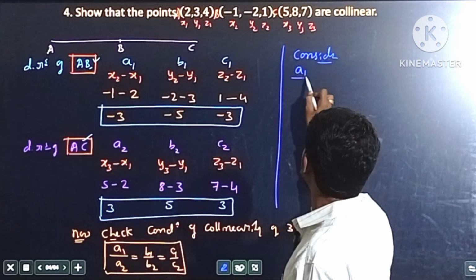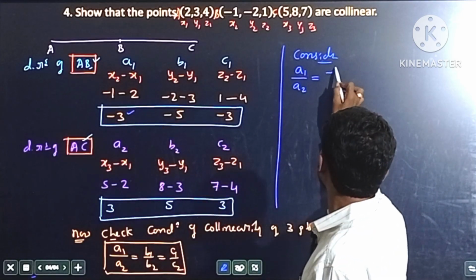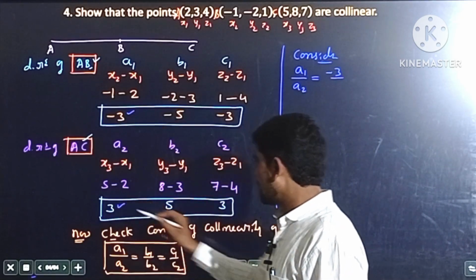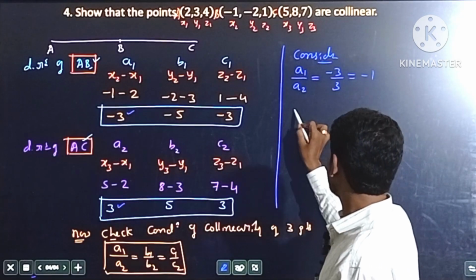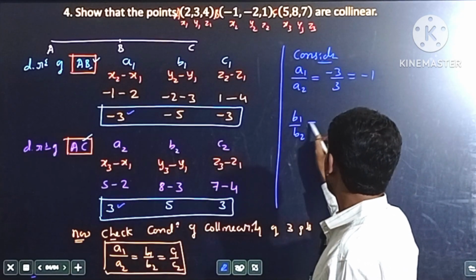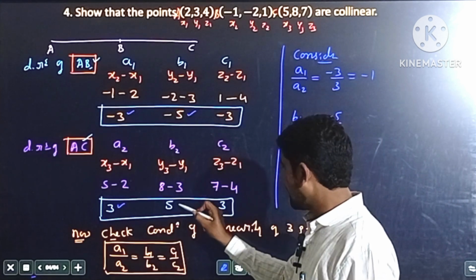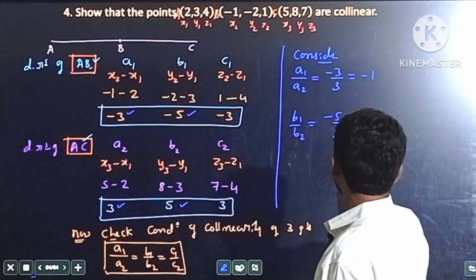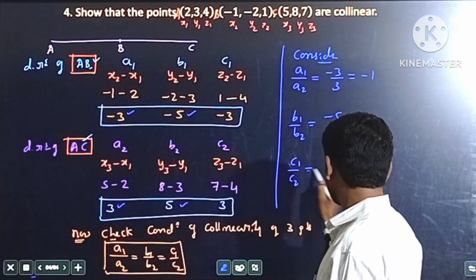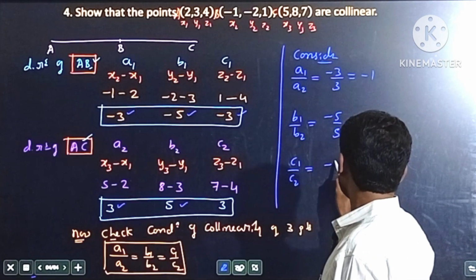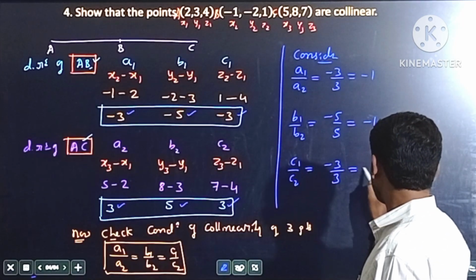Consider a1 by a2. The value of a1 is minus 3, divided by a2, which is 3. So minus 3 by 3 is minus 1. Similarly, consider b1 by b2. The value of b1 is minus 5, divided by b2 which is 5, and minus 5 divided by 5 is minus 1. And consider c1 by c2. The value of c1 is minus 3, divided by c2 which is 3. So minus 3 by 3 is minus 1.